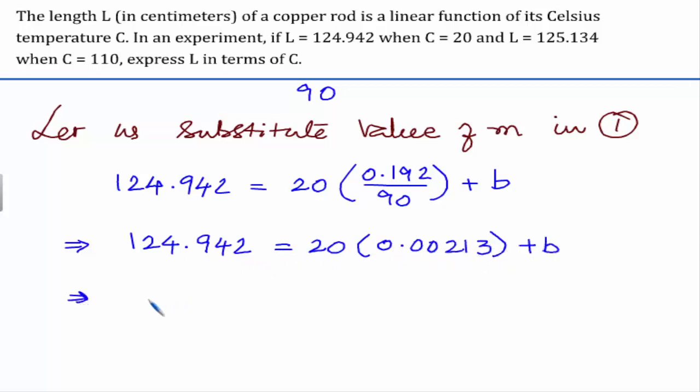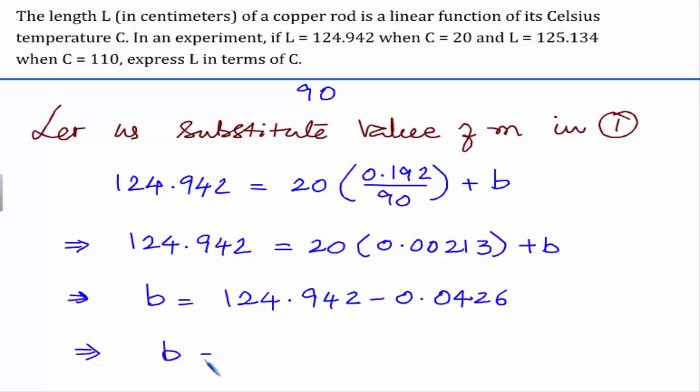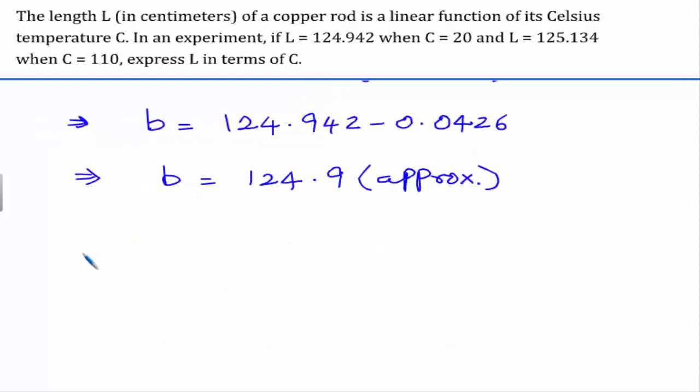This will give us b is equal to 124.942 minus 0.0426. So this will give the value of b as 124.9 approximately. Now let us substitute back these m and b values into the equation.